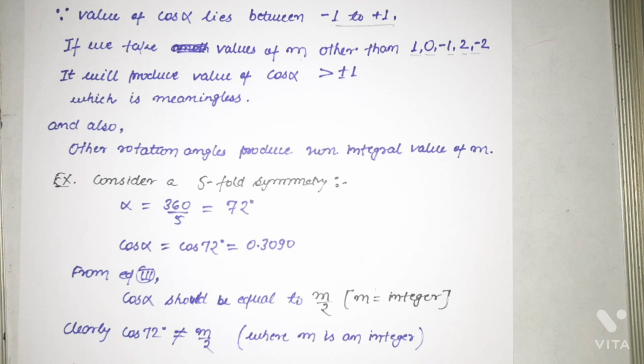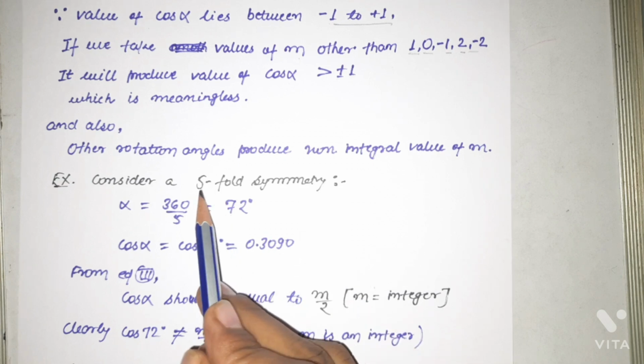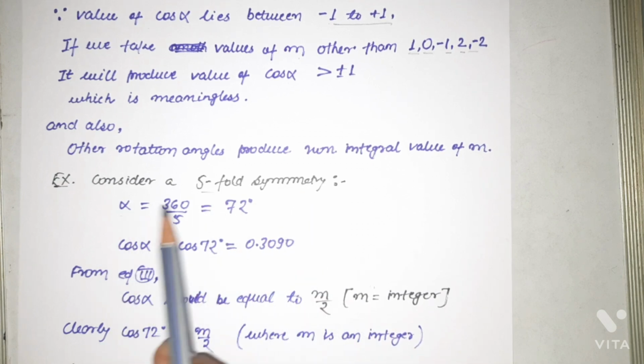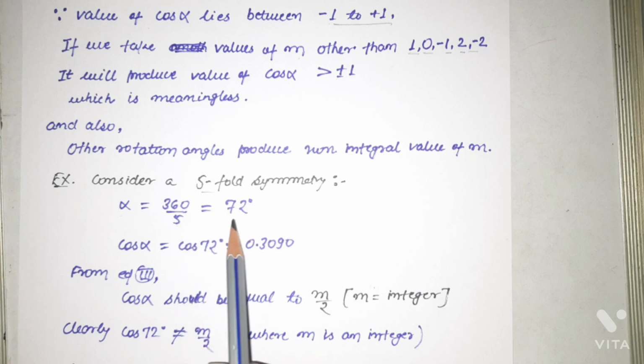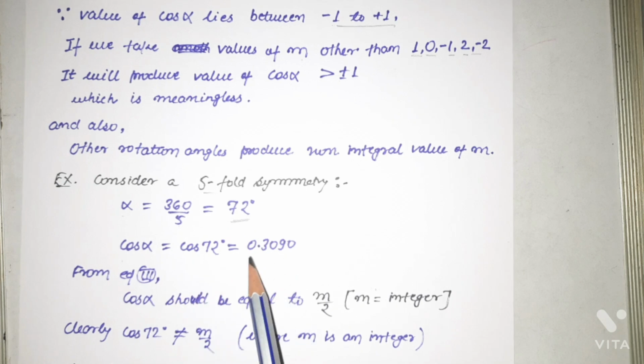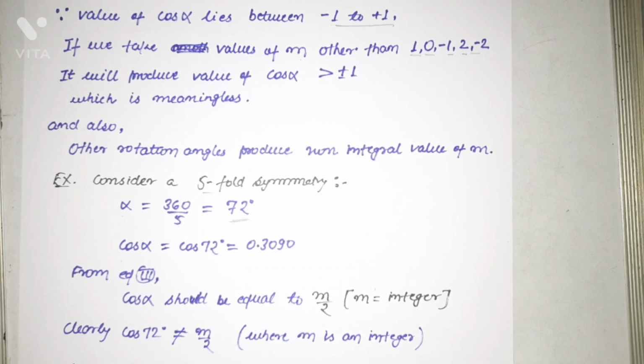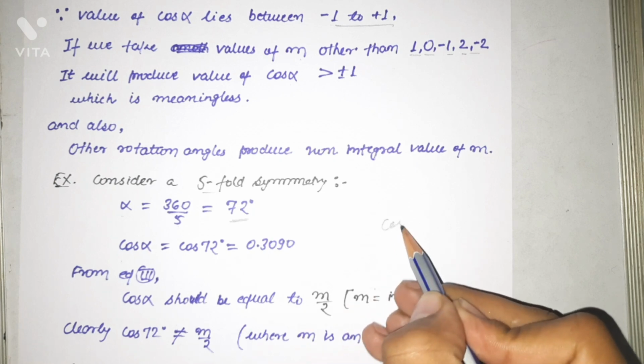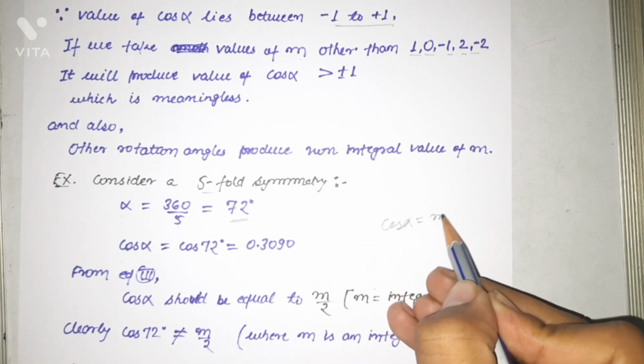Why? Let us consider an example of 5-fold symmetry. For 5-fold symmetry to be possible, there should be a rotation angle of 360 by 5, that is 72 degrees. Now, for an angle of 72 degrees, cos alpha is 0.3090. And from the third equation, we have already proven that cos alpha is equal to m by 2.